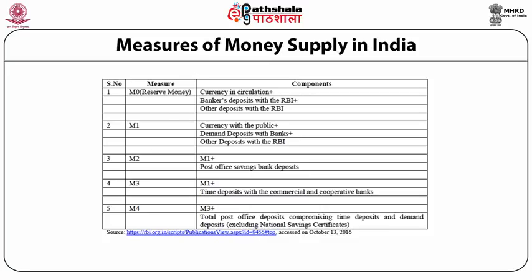M3 is equal to M1 plus time deposits with the commercial and cooperative banks. And lastly, M4 is equal to M3 plus total post office deposits comprising time deposits and demand deposits, which excludes national savings certificates.